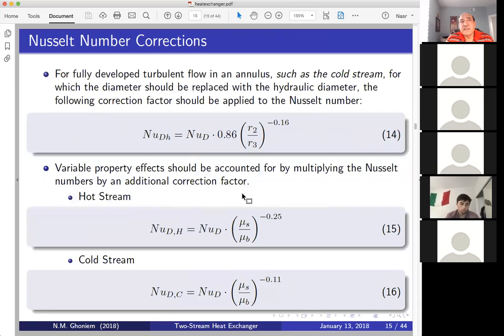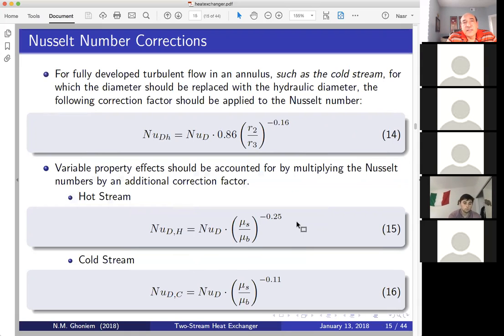And then at the end, we have to make a couple of corrections to make sure that the Nusselt number is consistent with the real changes in the temperature gradients and the annulus. Okay. So this whole part that I explained is just to calculate capital U.